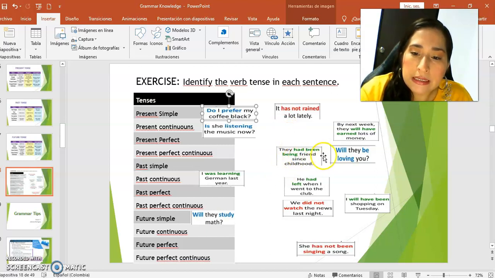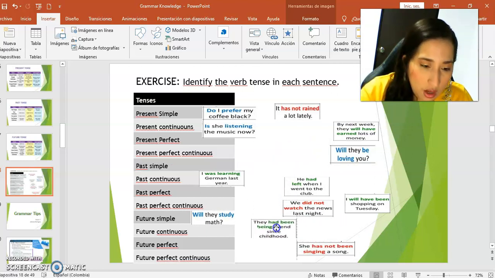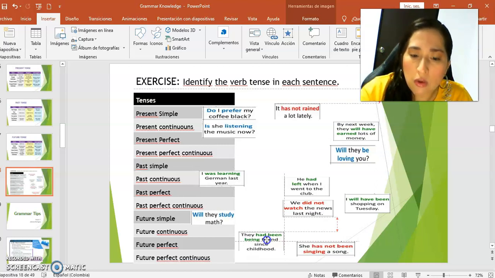Another is, for example, this. They had been friends since childhood. We had past, we had perfect, and continuous. Past perfect continuous. You can identify the tense by paying attention to the signal words.